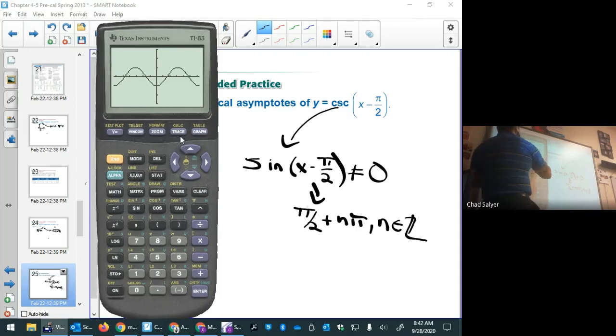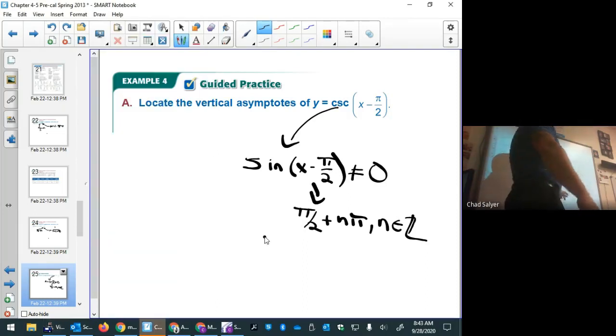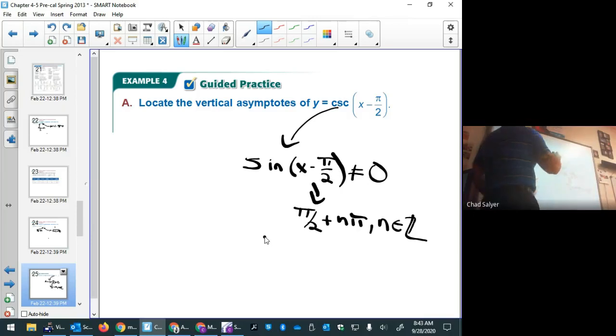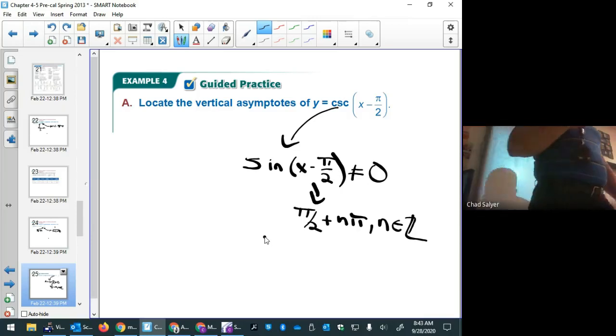We'll just trace and go pi divided by 2. We see that's a 0. And then we'll do one more just to check. 3 pi divided by 2. Yep, that's another 0. So this is right. And then they're going to ask us to sketch it in part B, but we'll get to that in a second.